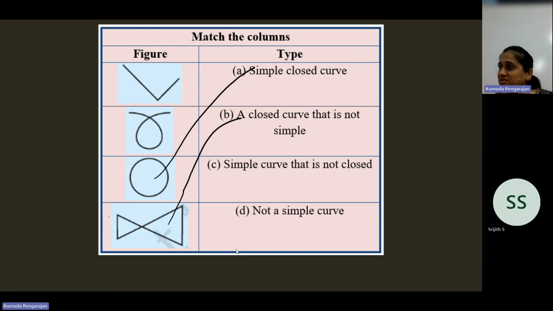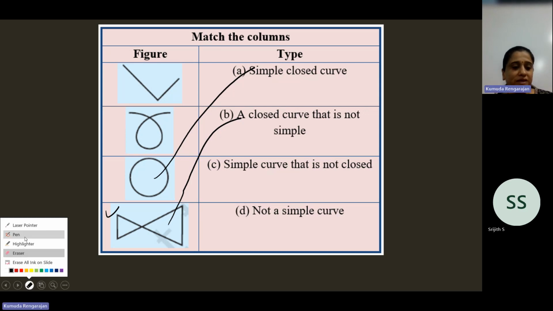All right. Not simple. Which were the two figures? These two are not simple because they cross over itself. But which of these two is closed? The fourth one is closed. The second one is open. So the fourth is the correct one for B.